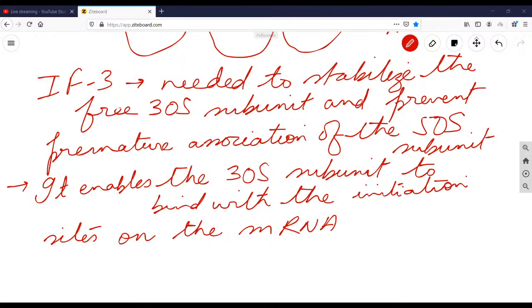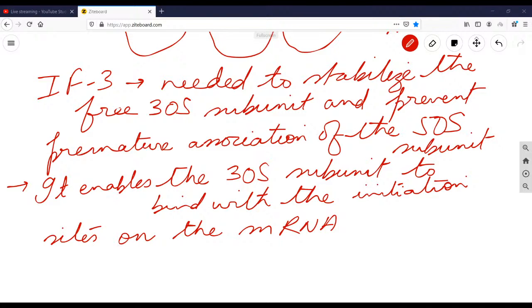Then what else can it do? It also checks the accuracy of the recognition of the first tRNA that carries the amino acid. A tRNA carrying an amino acid is known as transfer RNA, which I'll explain in the next lecture. For now, just know that tRNA is another type of RNA.